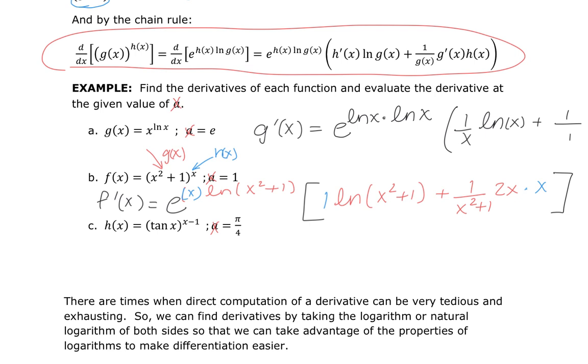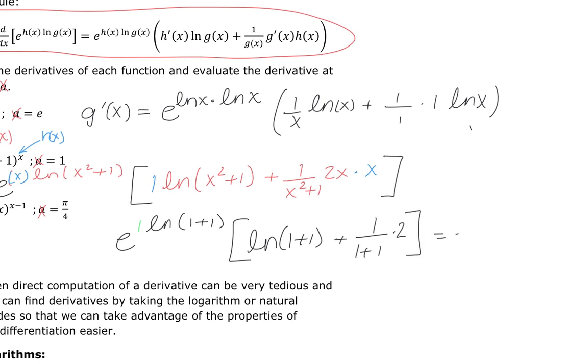So when x is 1, I'm going to have e raised to the 1 times the natural log of 1 squared plus 1, multiplied by the natural log of 1 squared plus 1, plus 1 over 1 squared plus 1 multiplied by 2 multiplied by 1.